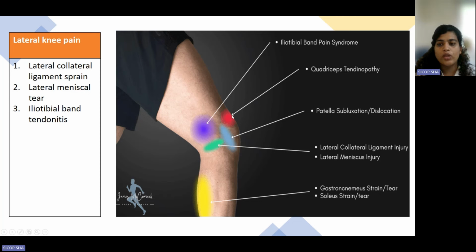Quadriceps tendon pain can be felt over here; as we discussed prior, it can be palpated in the anterior compartment of the knee too, and it overlaps with the lateral compartment, so it can be felt here also. With patellar subluxation, the patient pinpoints over here, and lateral collateral ligament injury or lateral meniscal injury can be felt over here. Okay, I hope I made it clear.